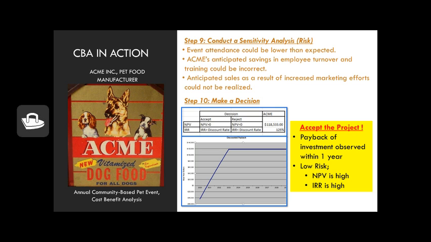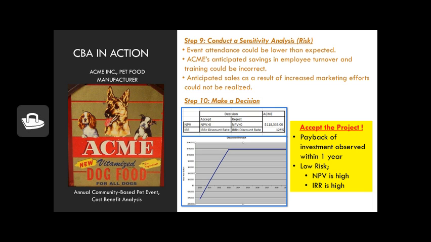So potential risk that could impact our projects could be that event attendance could be lower than expected. Acme's anticipated savings in employee turnover and training could be incorrect. Anticipated sales as a result of increased marketing efforts could also not be realized.